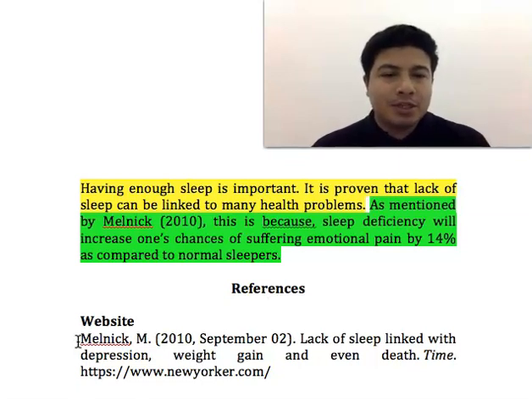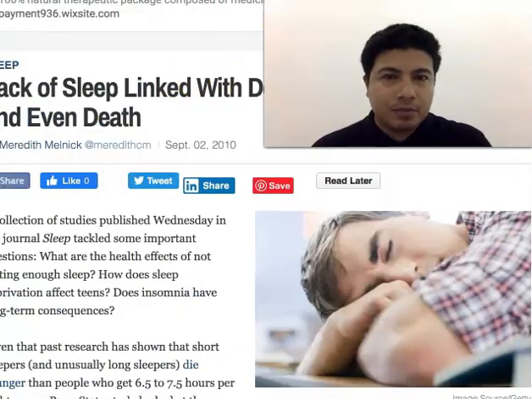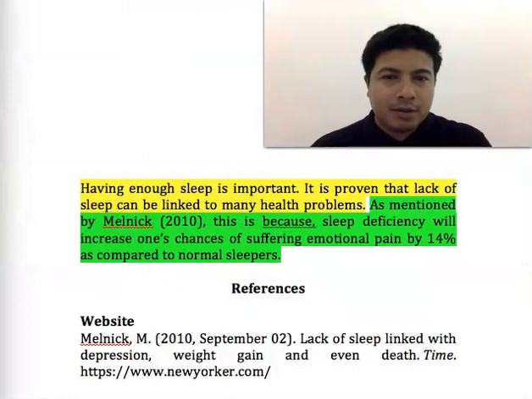So this is an English name, Melnick, the surname, and the name of the author is Meredith Melnick. The surname is Melnick and the first name is Meredith. So I put the surname Melnick, comma, M. You do not have to put Meredith, just the initial M is enough.